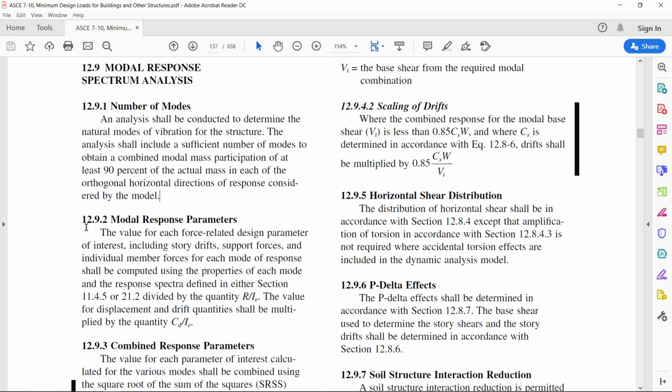Then what section 12.9.2 says, modal response parameters.